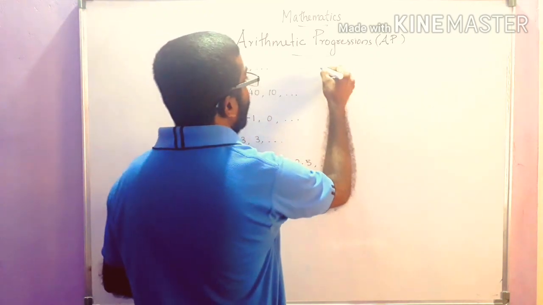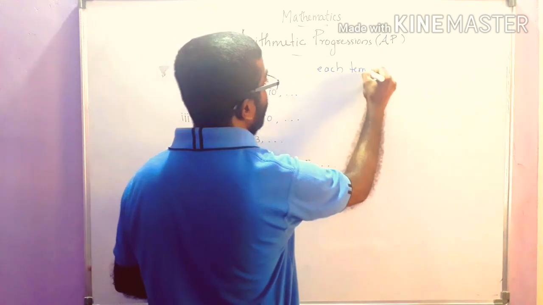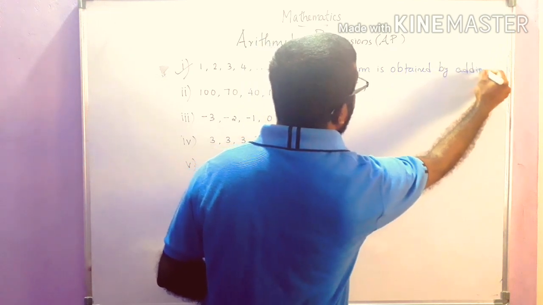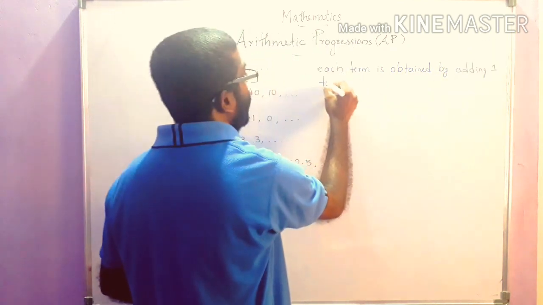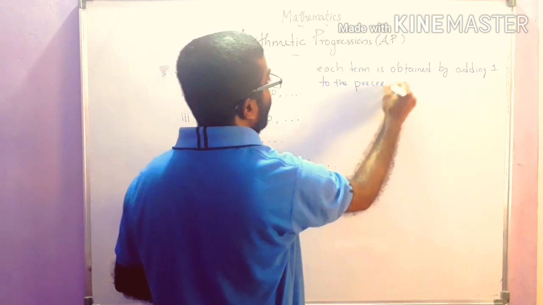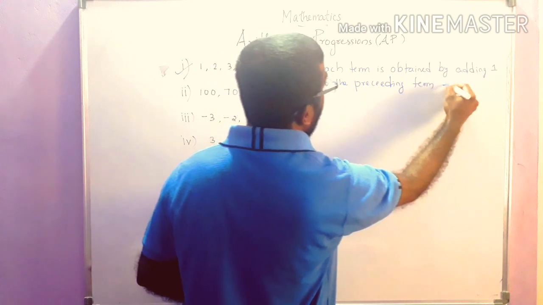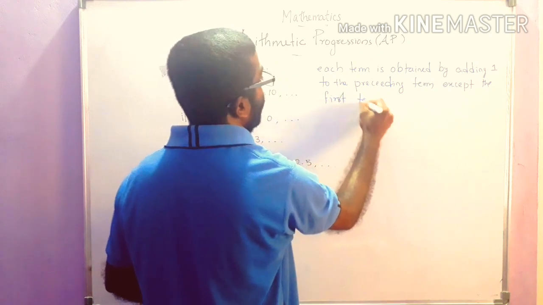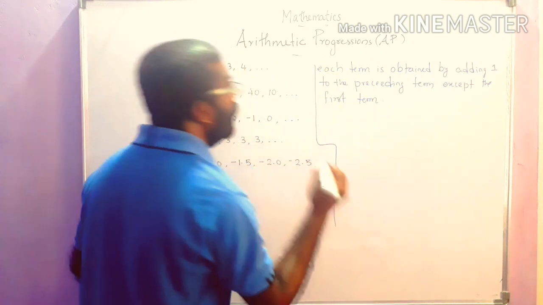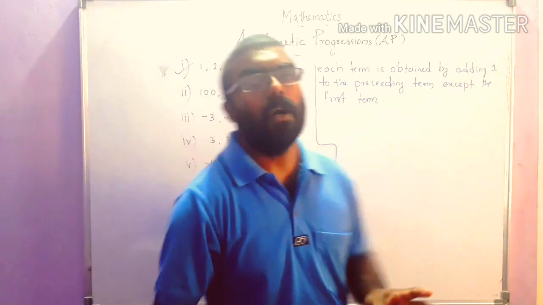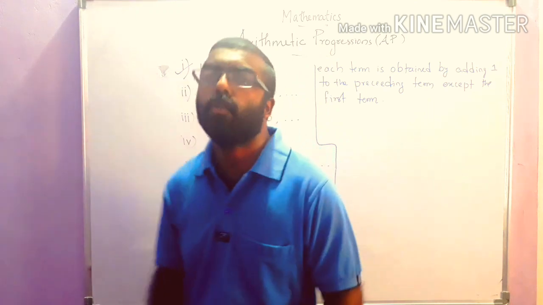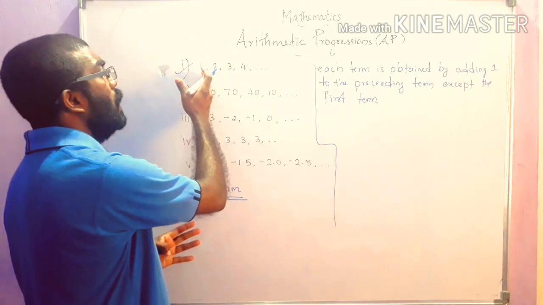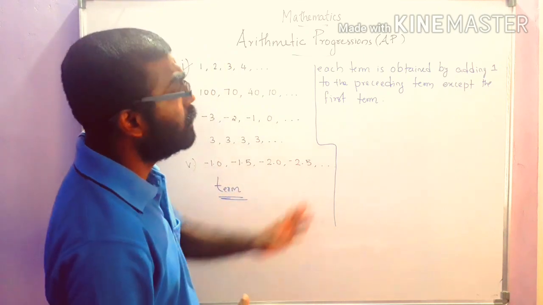So we can say that each term is obtained by adding the number 1 to the preceding term, except the first term, because the first term cannot have any previous term. That is why we say like this.